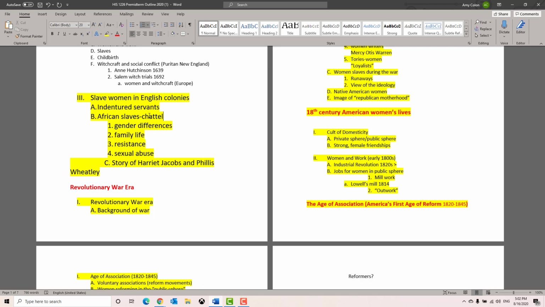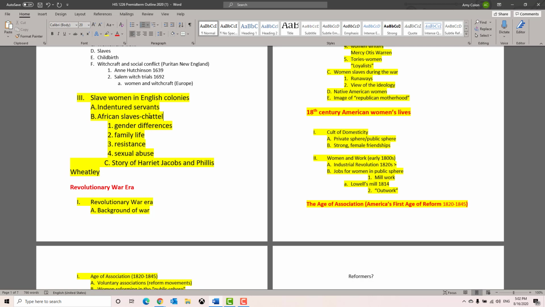However, colonial laws, like in Virginia, specifically said that corporal punishment of slaves was acceptable, slaves from Africa. So physical abuse of the slaves was written into law as acceptable, but not allowed for white indentured servants.